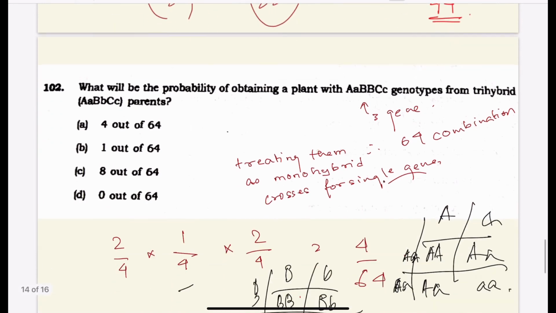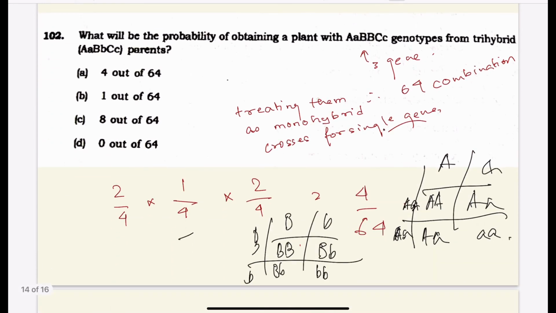Next is, what will be the probability of obtaining a plant with capital A, small a, heterozygous for A gene, homozygous for B gene, and heterozygous for C gene genotypes from trihybrid parents? Okay, we know that a trihybrid has 64 combinations and 8 possible gametes.